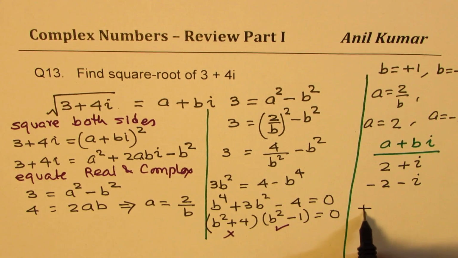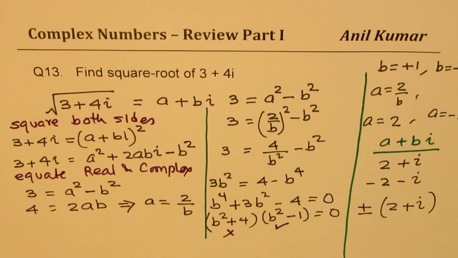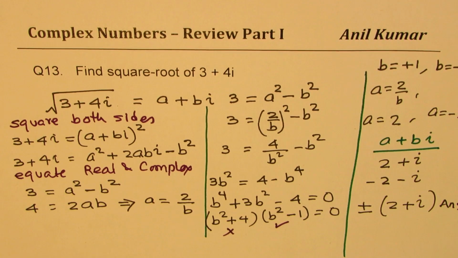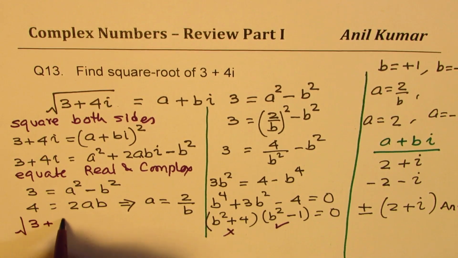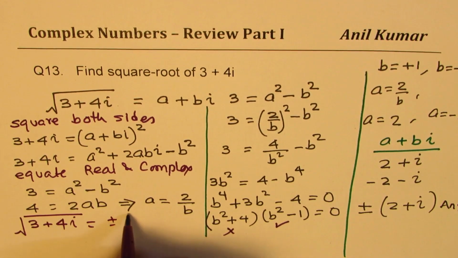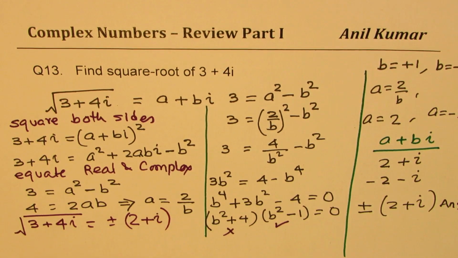So I could always write this as plus minus (2 plus i) as my answer, correct? So that becomes my solution. So the square root of 3 plus 4i is equal to plus minus (2 plus i). So there will be two solutions to this, and that is 2 plus i or minus 2 minus i, correct? So that is how you find it.